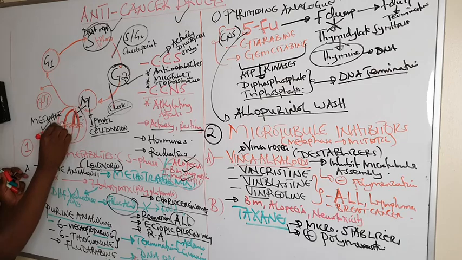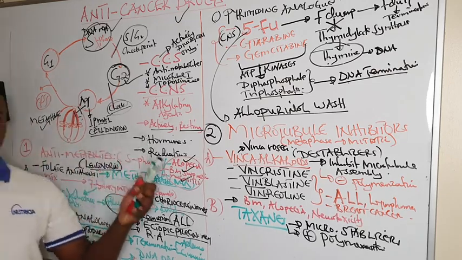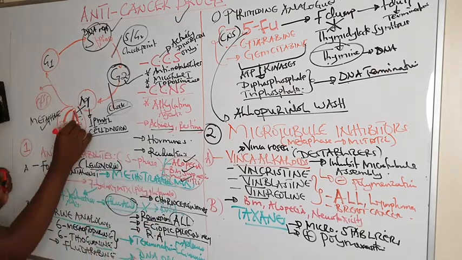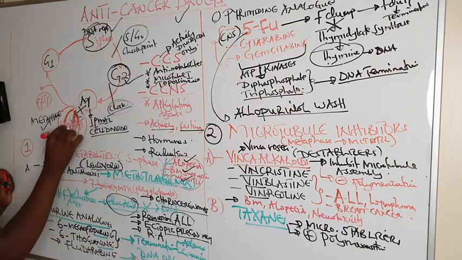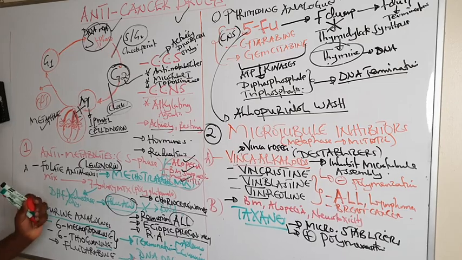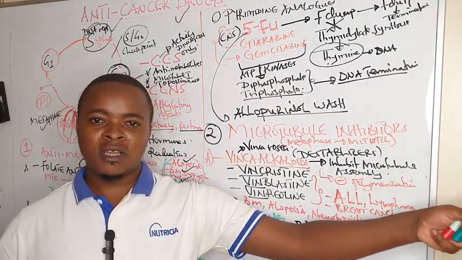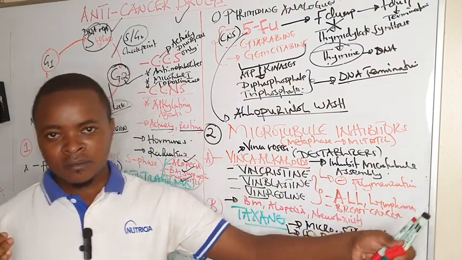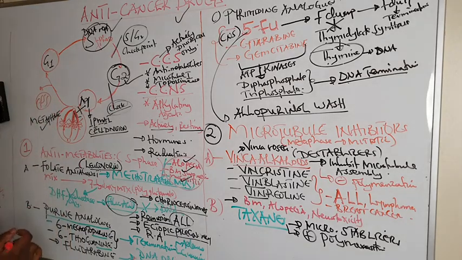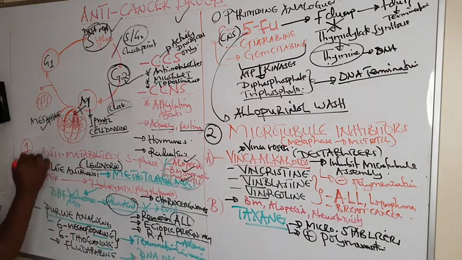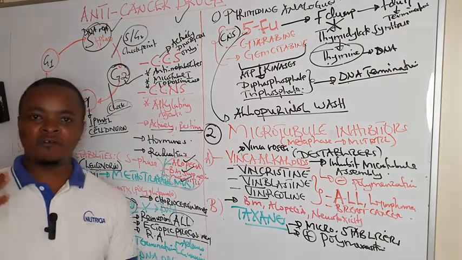Because they are stabilized after forming polymers, they are not able to pull apart to the opposite poles when we are entering anaphase. So hence preventing mitosis or cell division.